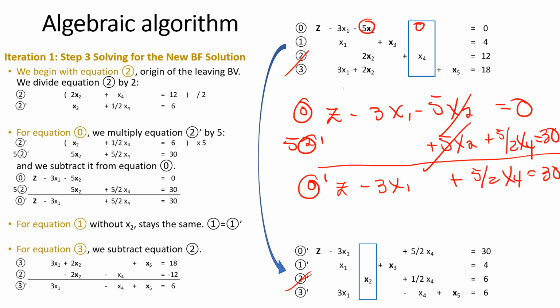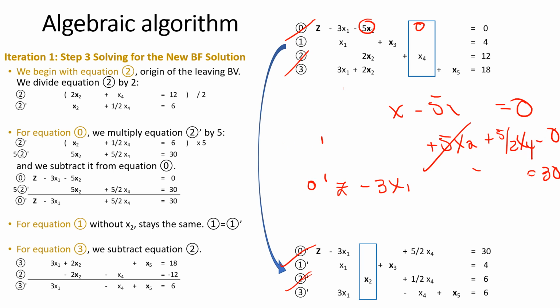These two are eliminated, so now x2 will have 0. And this equation is exactly the one that we got over here. So we have done with equation 0.